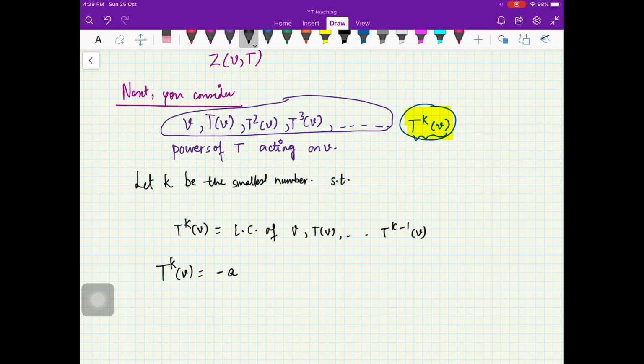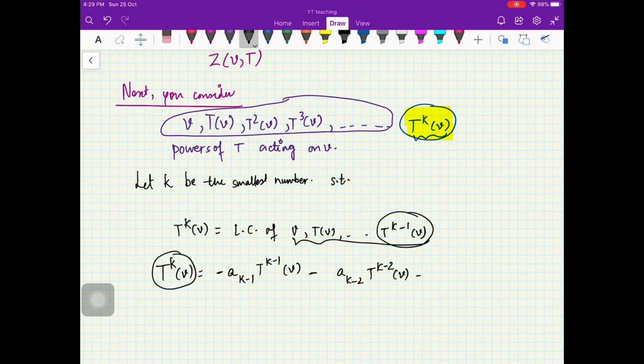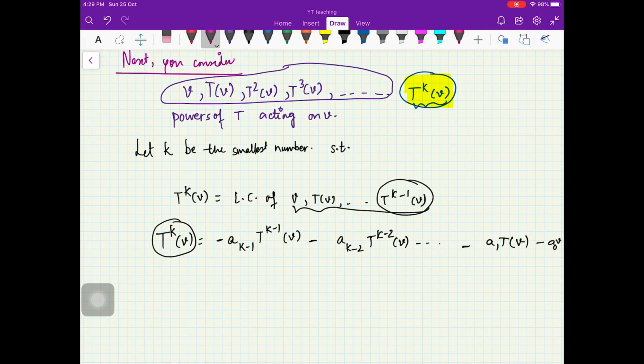I am taking the coefficients with a minus sign for a reason that will be clear in a moment; you could make them positive also, and things would change accordingly. So T^k v equals minus a_(k-1) T^(k-1) v, minus a_(k-2) T^(k-2) v, and so on, minus a_1 Tv, minus a_0 v.